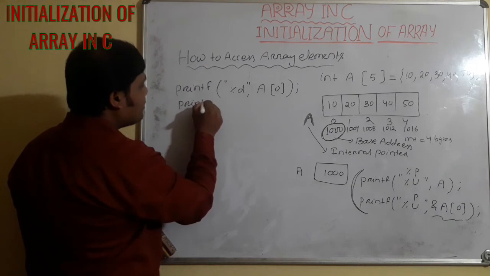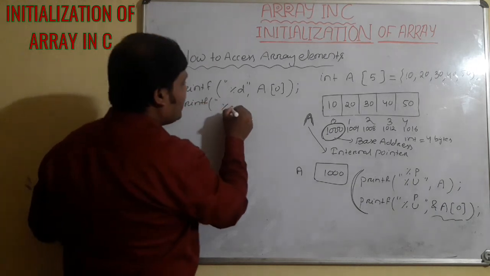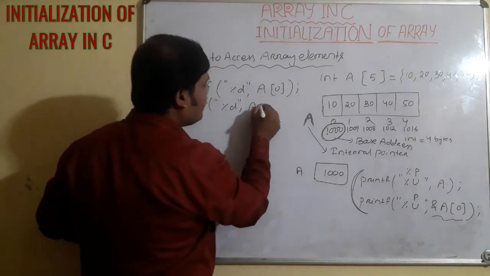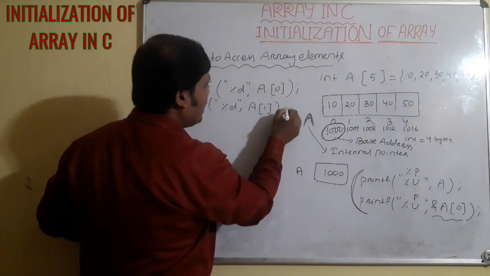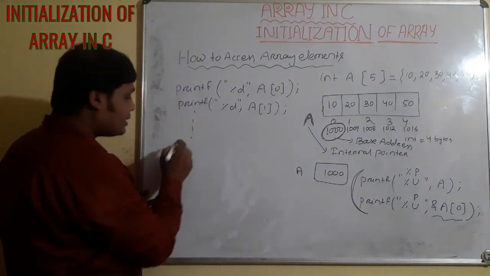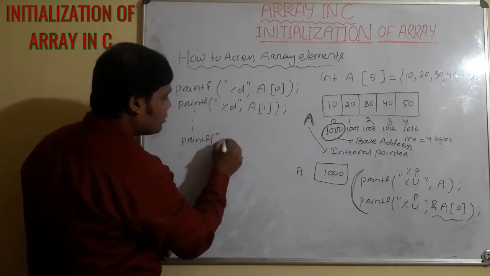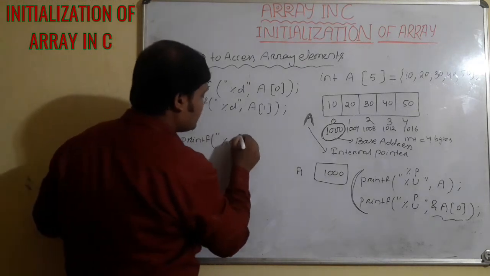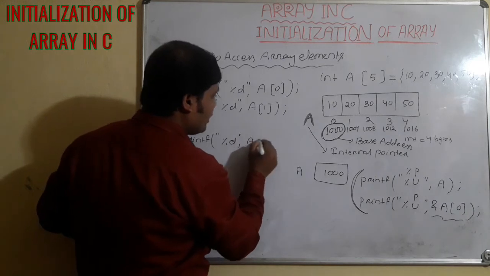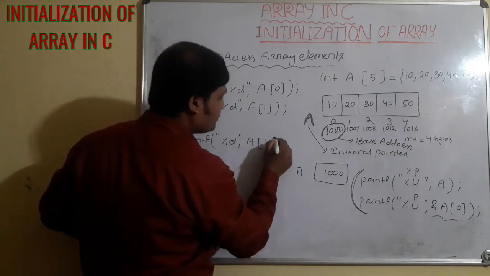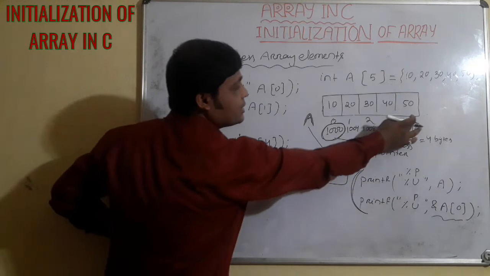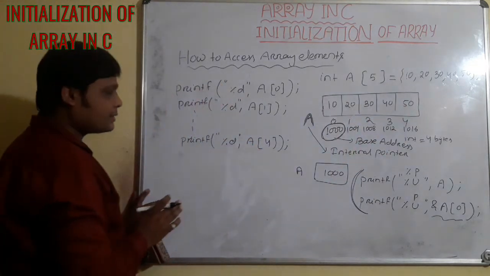Same printf statement to print the second element, A of 1. Like this, to print the last element, I have to write printf percent d, then A of 4, because the last element is at the 4th index.